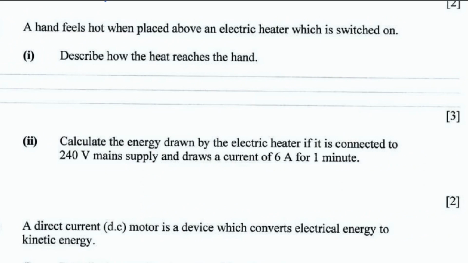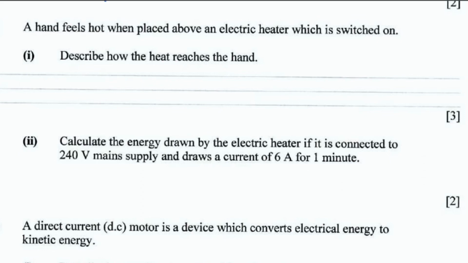However, it is going to move by radiation as heat travels through heat waves in the space, and then it's also going to travel by convection, because convection is the movement of heat in a fluid, and air is a fluid because it has got particles which can flow, and hence there's going to be a convection current set up in the air, but also radiation in the space as heat travels by heat waves.